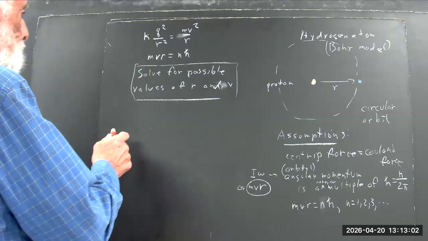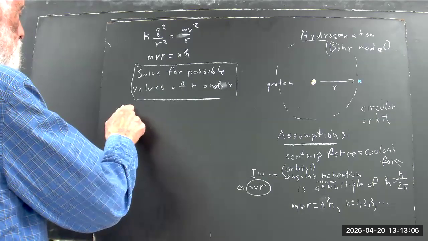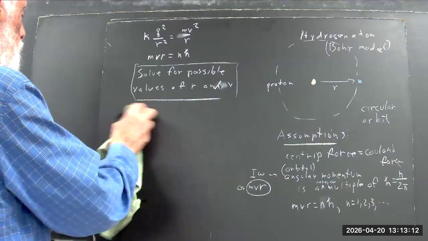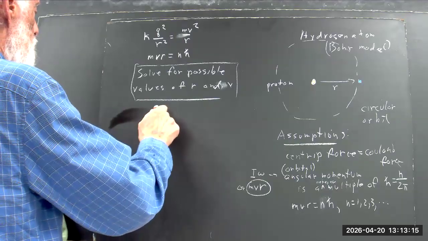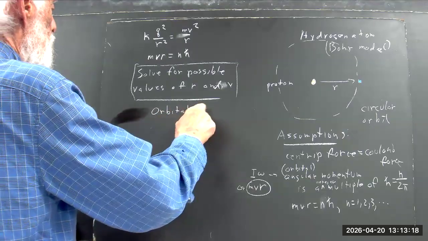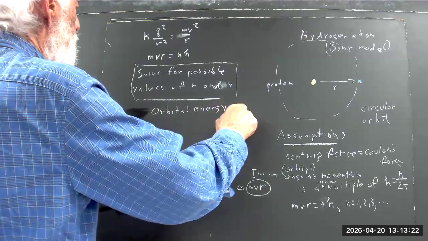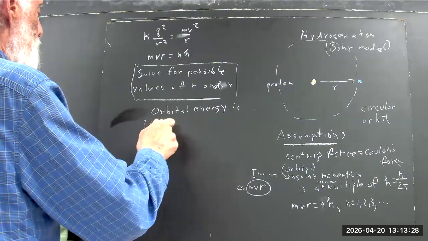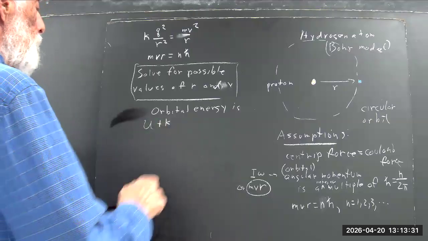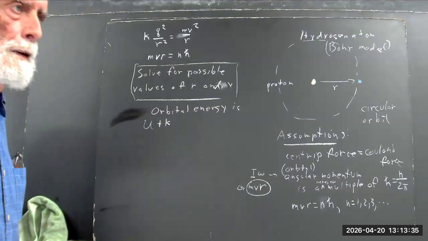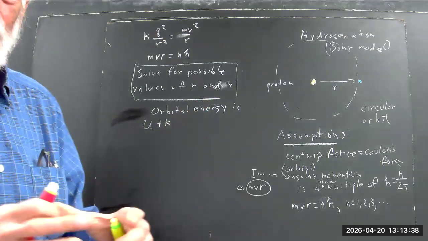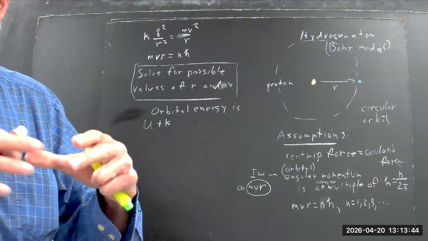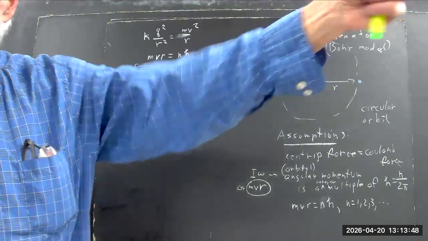When you do this, orbital energy is U plus K. And just like for satellites, the potential energy is going to be measured relative to infinity, and it's going to be negative.